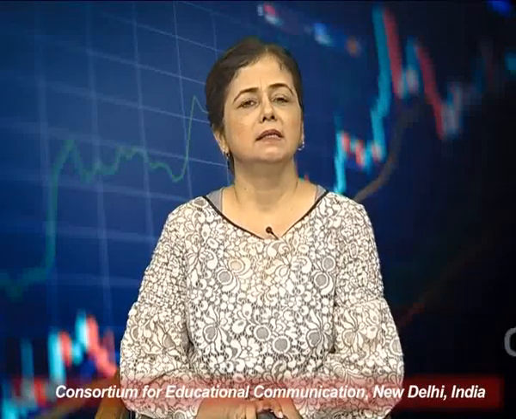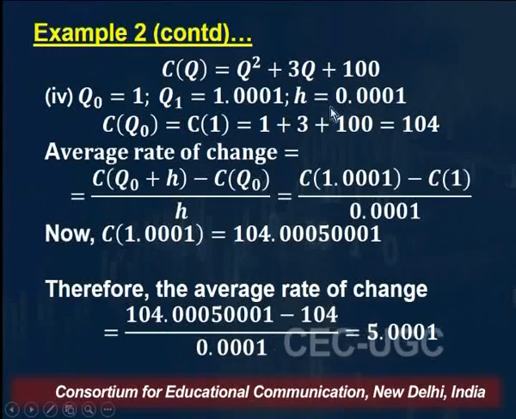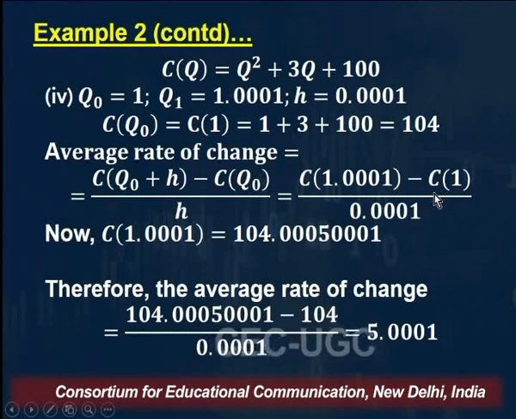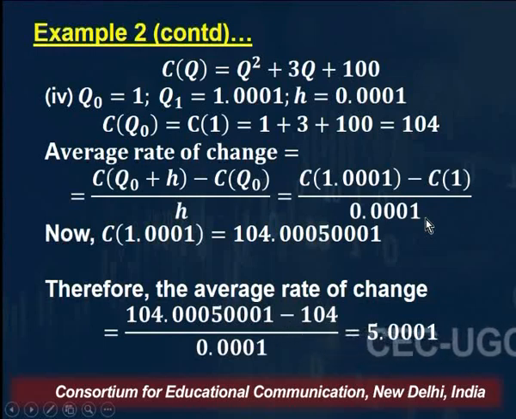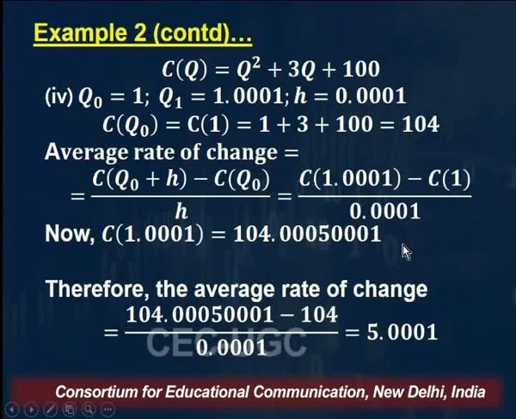And the last case is where we've taken the increment in output from 1 to 1.0001, where H is 0.0001. So here we have absolutely the correct formula. C of 1.0001 minus C of 1 divided by 0.0001. Now, C of 1.0001 is this particular number here.